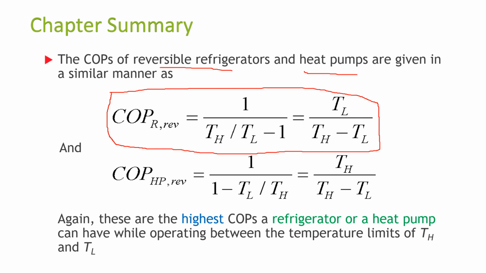The COP for refrigerators is TL divided by TH minus TL, and the COP of a reversible heat pump is TH divided by TH minus TL. Again, these are the highest COPs a refrigerator or heat pump can have while operating between the temperature limits of TH and TL.